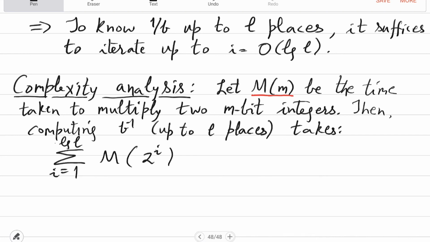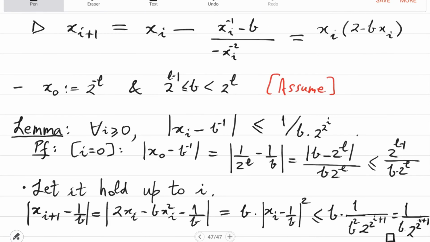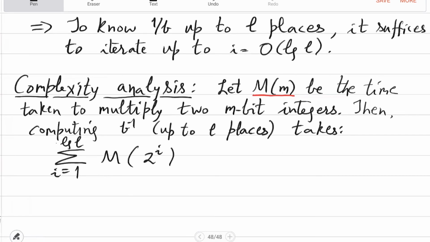But multiply xi into b, and b is L digit count. In the iteration, you have xi times 2 minus bxi. I think I can multiply this by L also, L times 2 raised to i. No, I don't want to do that.